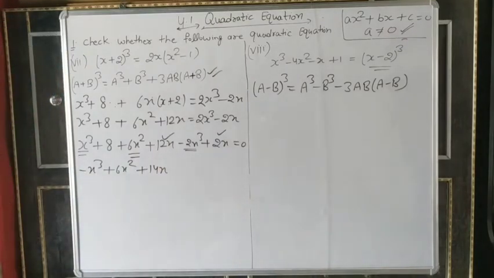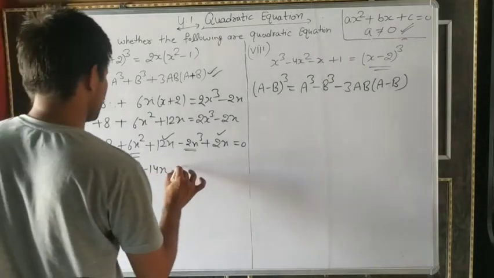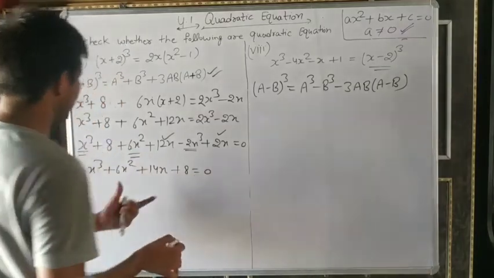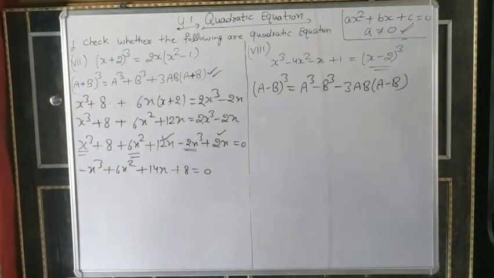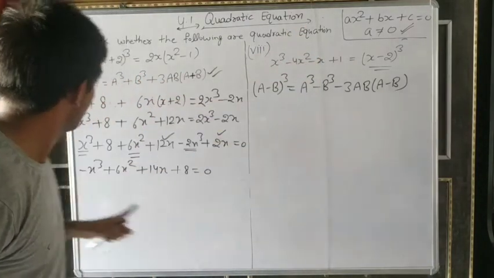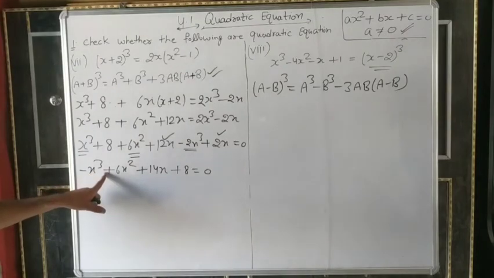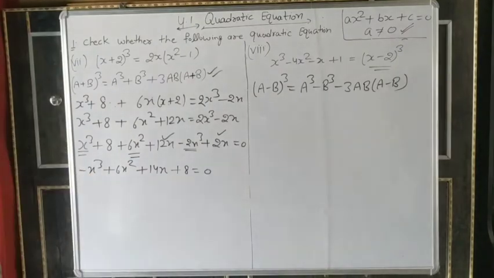14x you will write. And next is, what is the constant? 8 plus 8 equal to 0. Now tell me, is it a quadratic polynomial? No, because the degree is 3. It is a cubic polynomial. Understand? So note it down, dear. And the 8th part you will do yourself. Understand? So what will we write?